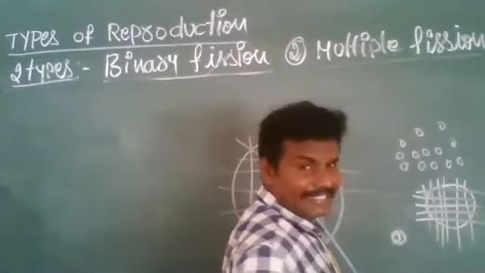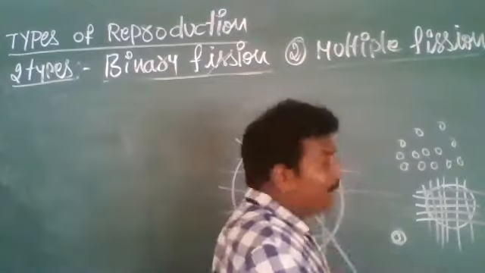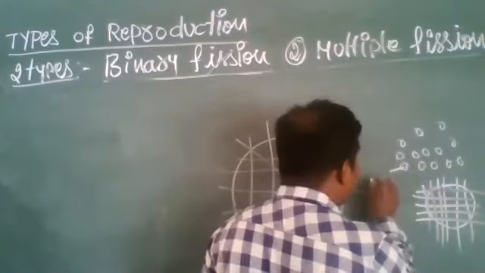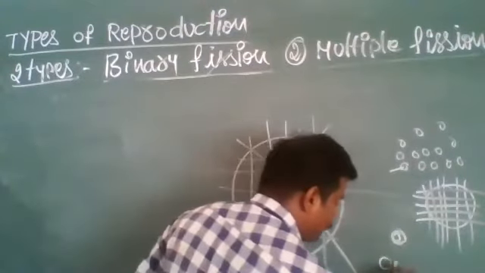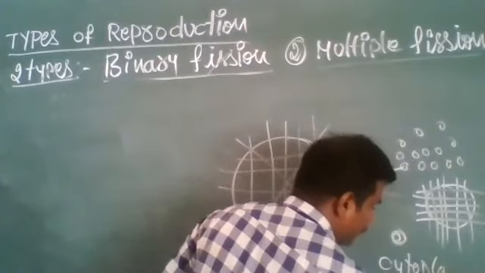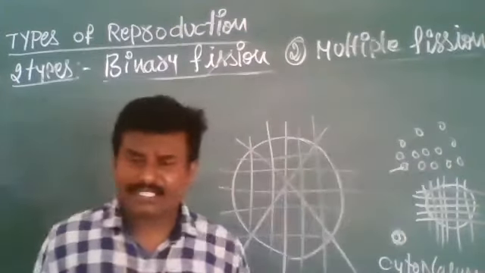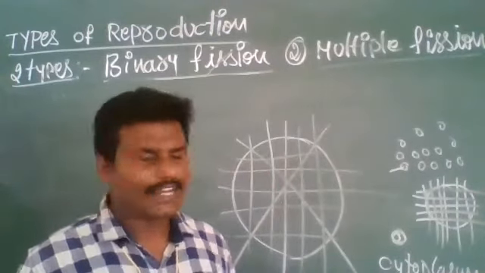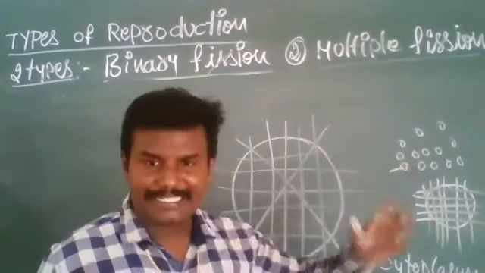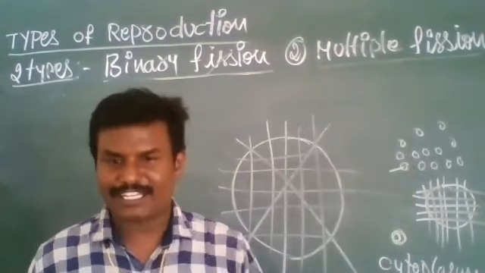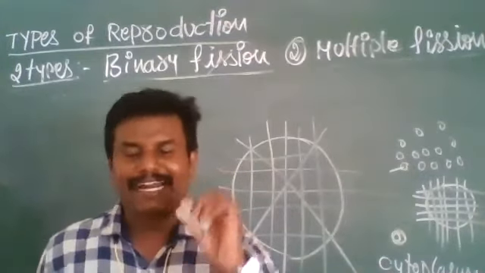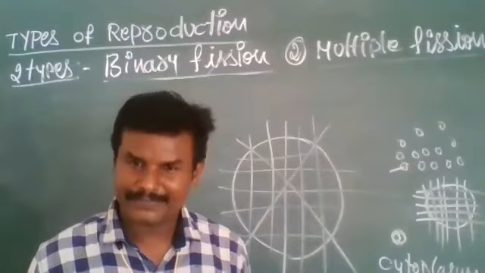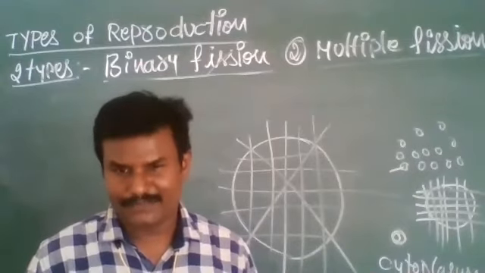Each nucleus receives a little amount of cytoplasm. Gradually, when it receives little cytoplasm, it turns into a daughter organism. That is called multiple fission.